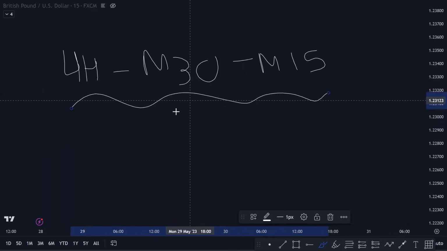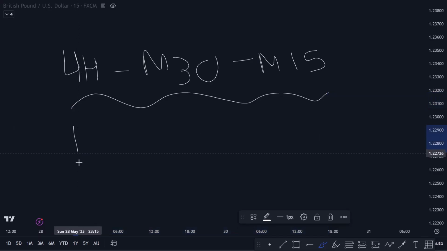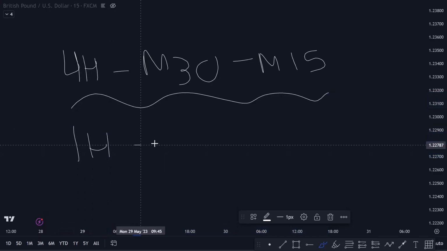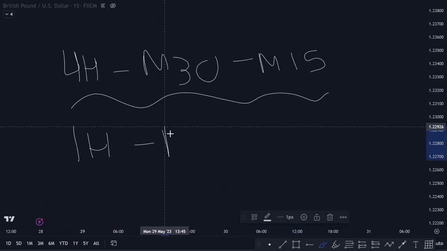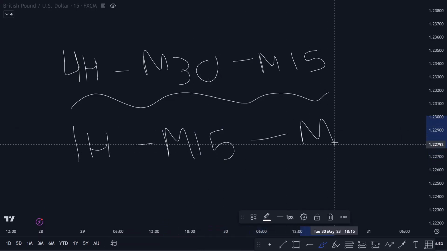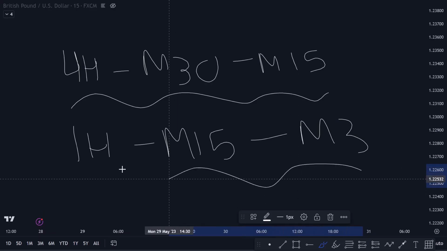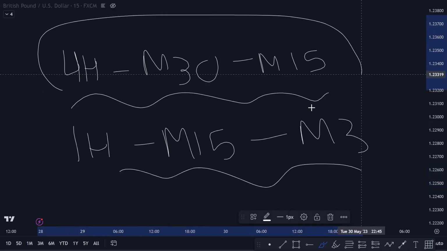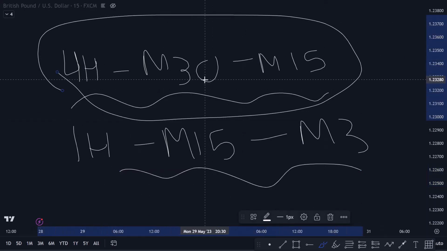You can try and find what works best. For example, you can use the 1 hour and maybe 15 minutes for the candle, and then 5 minutes or 3 minutes for the entry. You can try and find what's working better with each pair, but those are my favorite time frames. Those are the ones that I found this trading plan works the best.